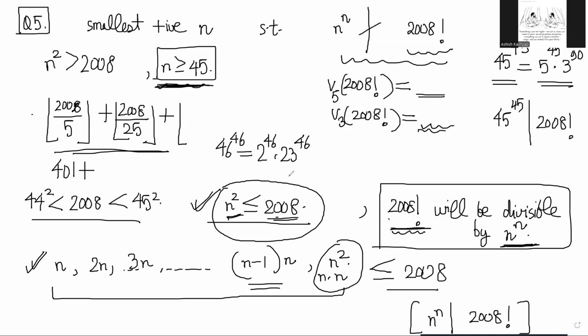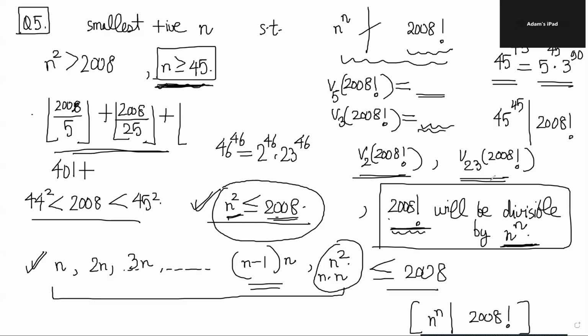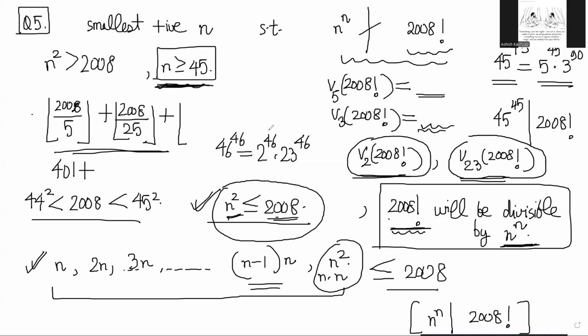When you check V2 and V23 for 2008 factorial, again you will get bigger values, bigger than 46 for both. So again, this number will divide 2008 factorial.